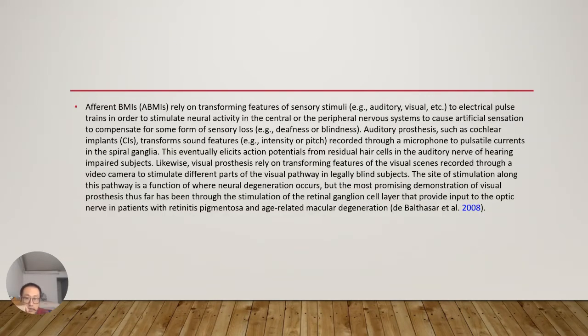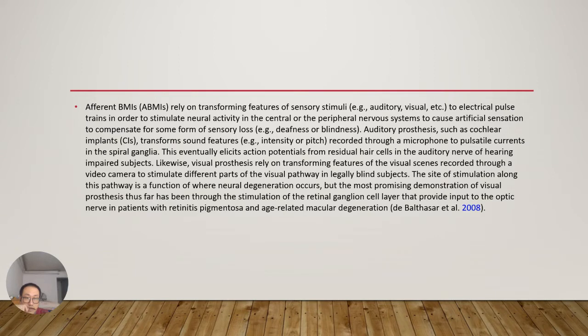Afferent BMIs rely on transforming features of sensory stimuli, for example, auditory or visual, to electrical pulse trains in order to stimulate neural activity in the central or the peripheral nervous systems to cause artificial sensation to compensate for some form of sensory loss.